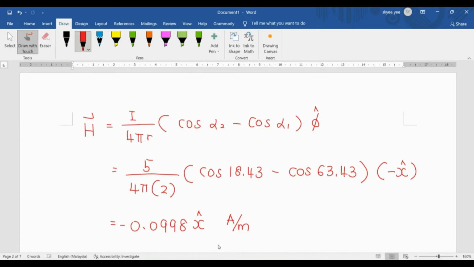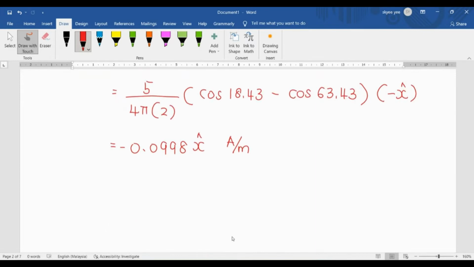Can you understand the flow to calculate the magnetic field intensity, the H? Anyone has problem to understand this?